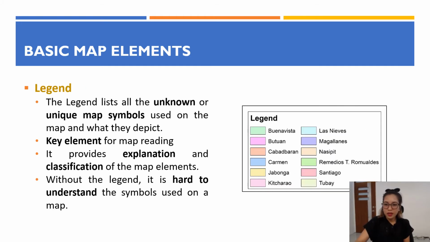Okay. And then the legend. The legend lists all the unknown or unique map symbols used on the map and what they depict. Key element for map reading, it provides explanation and classification of the map elements. Without the legend, it is so hard to understand the symbols used on a map.